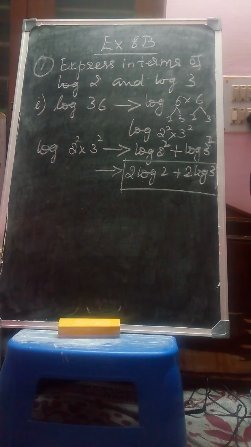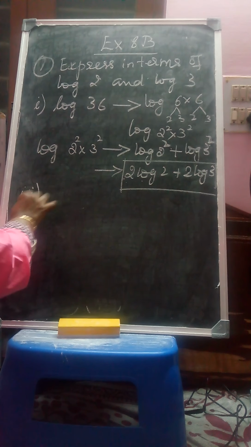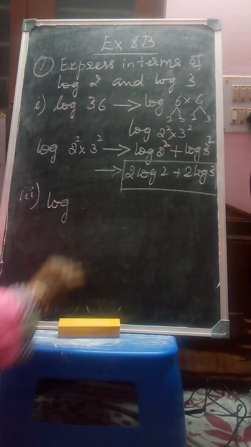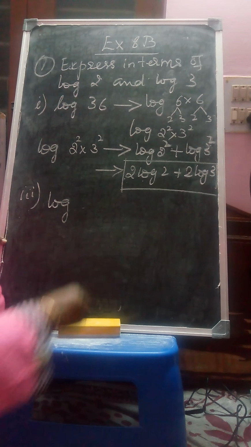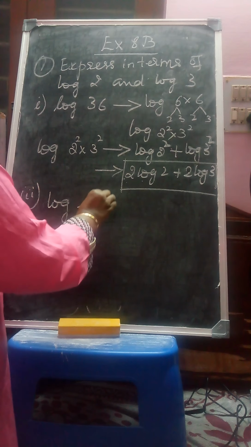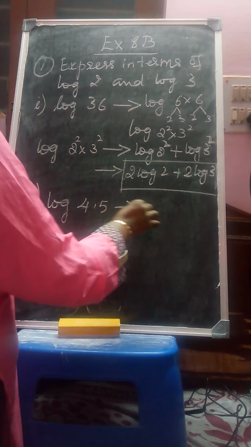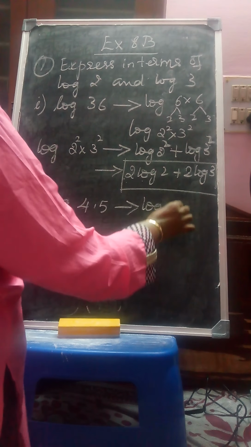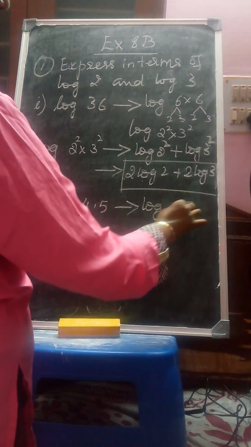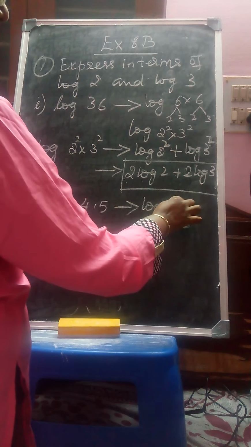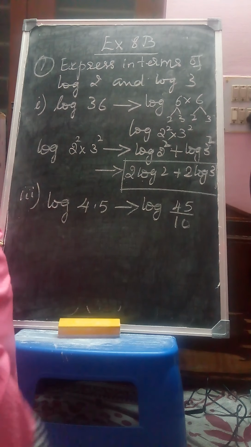Okay. Now log 144 you will do it. I will do the third one. Log 4.5. You know that log 4.5 can be written as 45 by 10, because it is 0.5, I have taken it as 10.